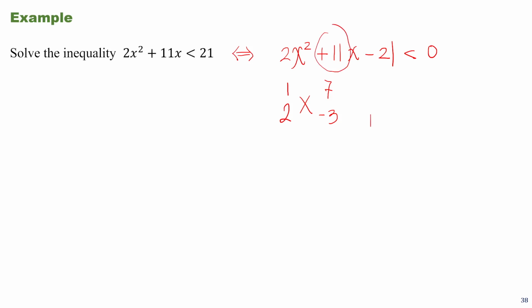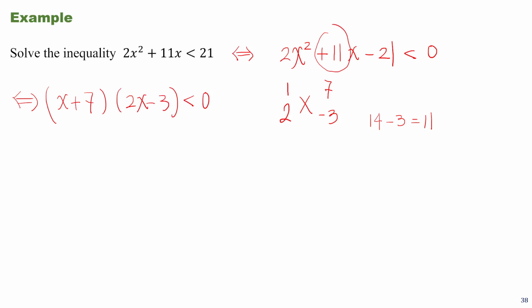So in this case, we have 14 minus 3, which is 11, which is exactly the coefficient in the middle, right? This is called the cross product method to factorize a quadratic expression. So that's equivalent to x plus 7 and 2x minus 3 less than 0, right?